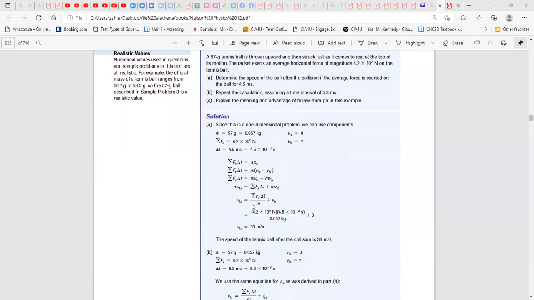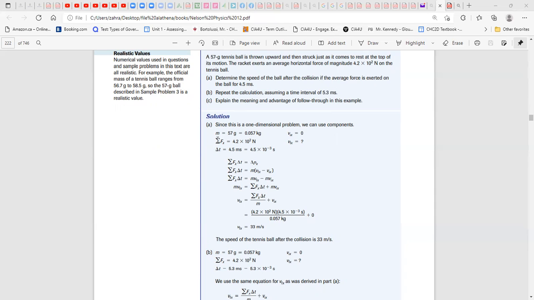Here's another example. A 57-gram tennis ball is thrown upward and then struck just as it comes to rest at the top of its motion. The racket exerts an average horizontal force of 0.2 times 10 to the power 2 on the tennis ball, for 4.5 milliseconds.